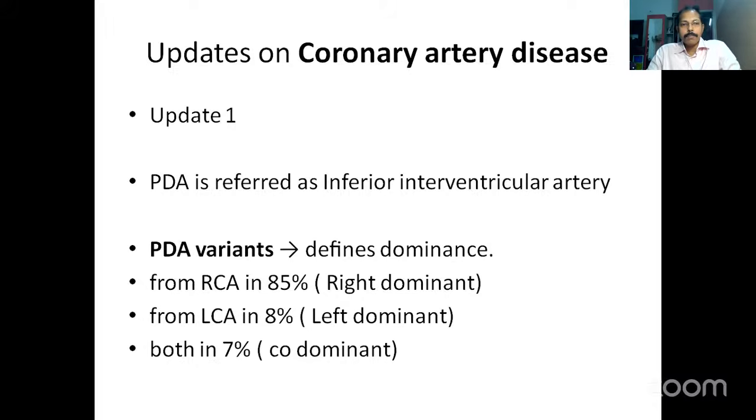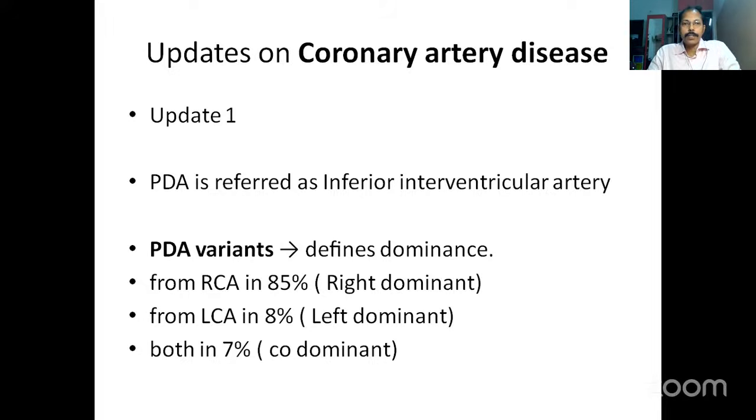Coming to update one, about the PDA. Till now, no book has given the name inferior interventricular artery. As you all know, the PDA usually arises from the right coronary artery and runs in the posterior interventricular groove. It is also called the inferior interventricular artery.